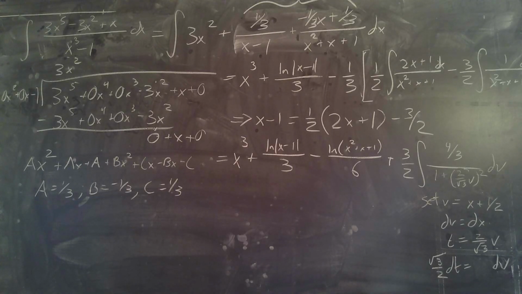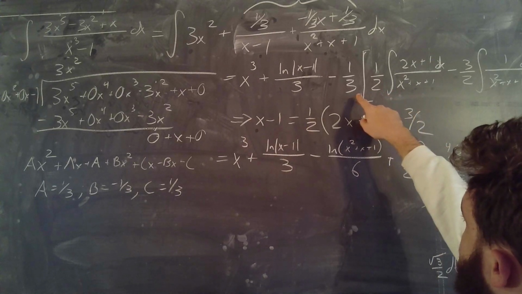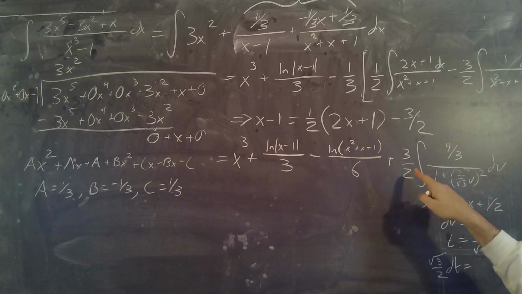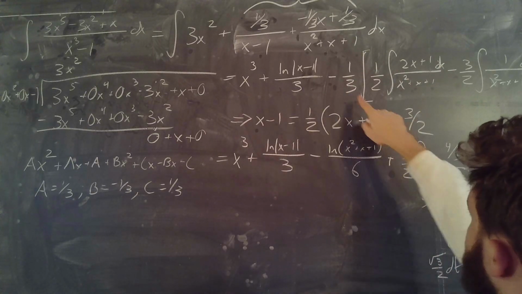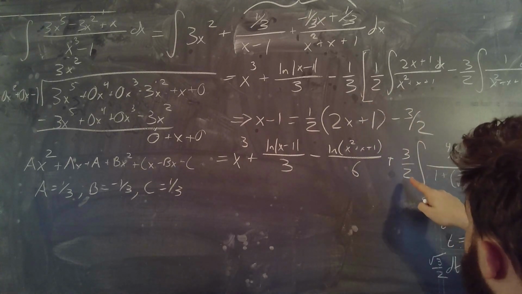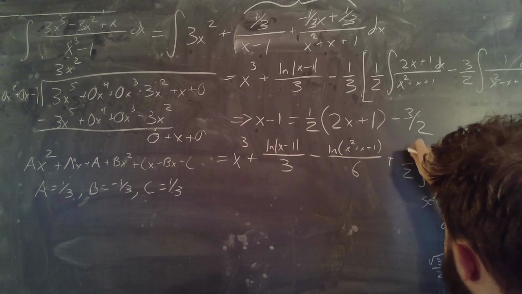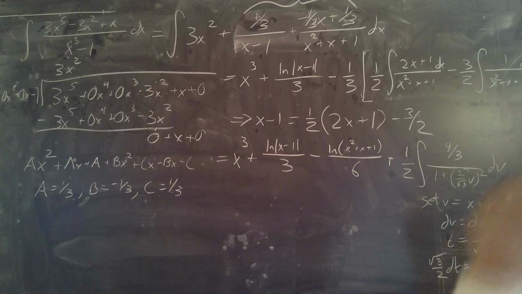Yeah, that's 3 over 6. Okay, so what I'm noticing is that when I wrote this down, I wrote 3/2, and I did the double negative correctly, so that is plus. But what I didn't do is put the 3 also on the bottom, which actually just means that this is 1/2 of that integral. So I apologize about that. Anyway, now we're ready to do the rest of this.